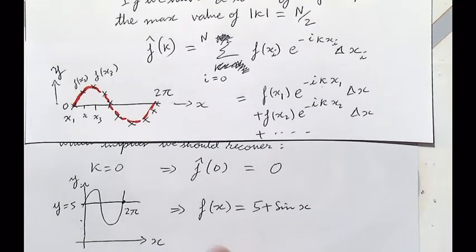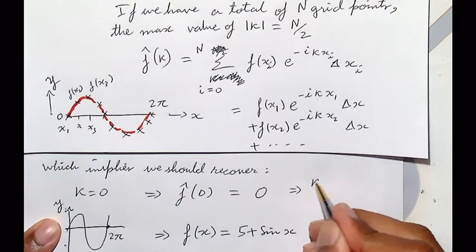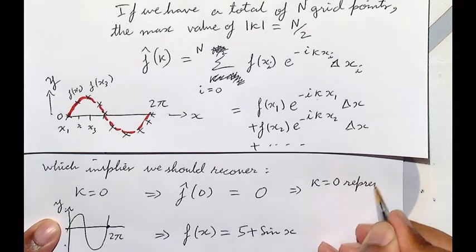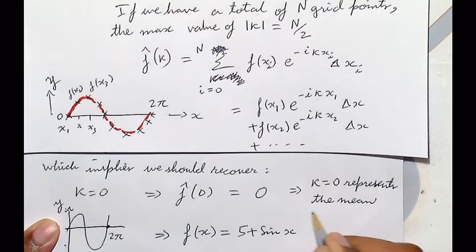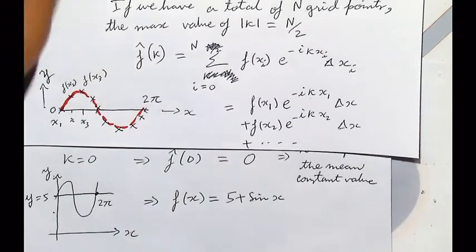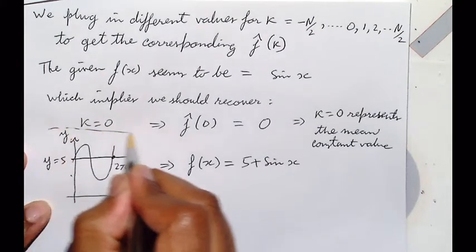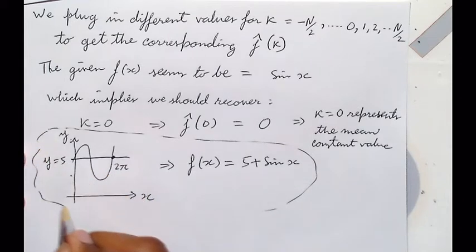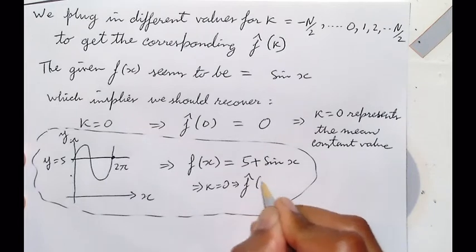In this case, f hat of 0 would be 5. Yeah, that's exactly what it means. Kappa equals 0 represents the mean, the constant value. So if we have 5 plus sine x, the 5 is the constant. Fine, this is just a side note. Kappa equals 0 means f hat of 0 would be equal to 5.